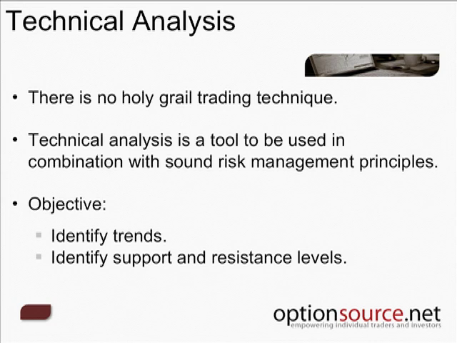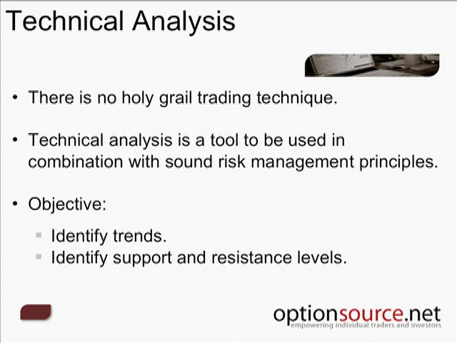Our objectives are to identify trends and to identify support and resistance levels. Now, this really simplifies the whole concept behind technical analysis. But really, what we're using these price charts for is to identify a trend that's changing, so we can lock in profits, or we can establish a strategy to take advantage of that change in trend.